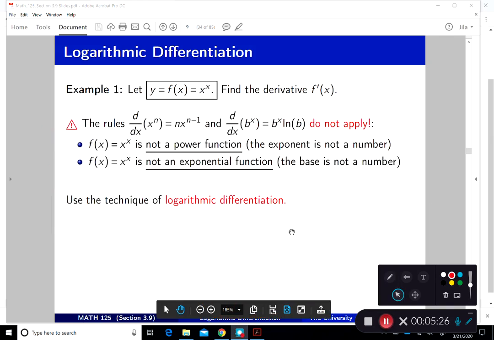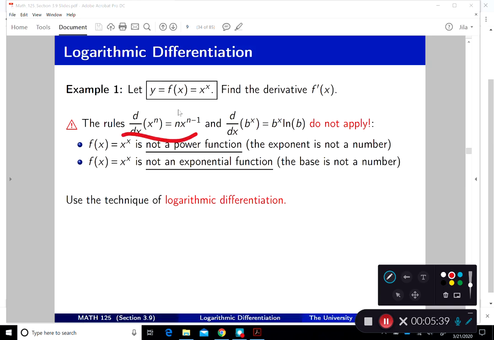Things that I want you to notice are that when we were taking the derivative, we were not using the power rule or the exponential rule. They did not apply for this function because, again, both the exponent and the base are functions, non-constants.